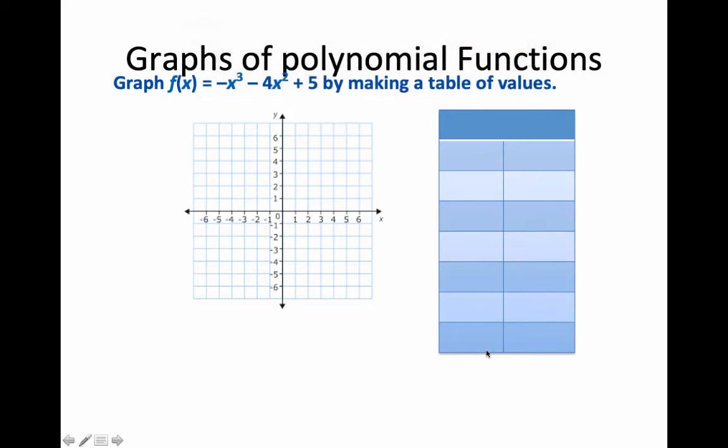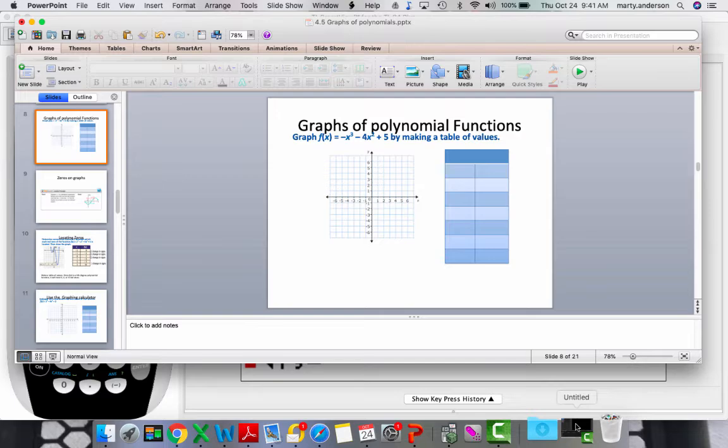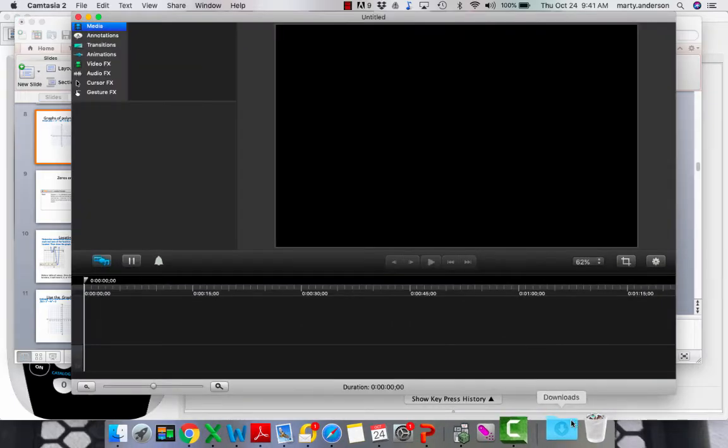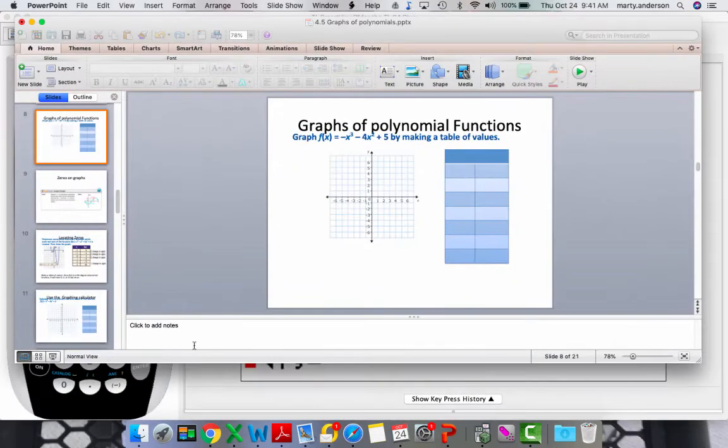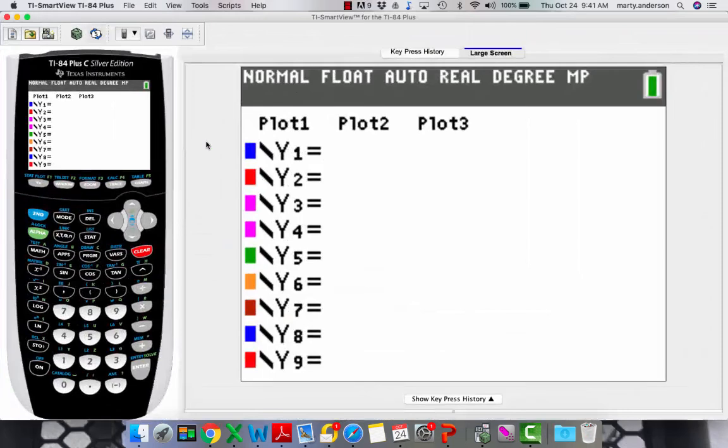Okay, so we're going to make a table of values. Instead of just plugging in numbers, let's use the calculator. So get your calculator out and let's put in, what was that graph? Negative x cubed minus 4x squared plus 5. Negative x cubed minus 4x squared plus 5.